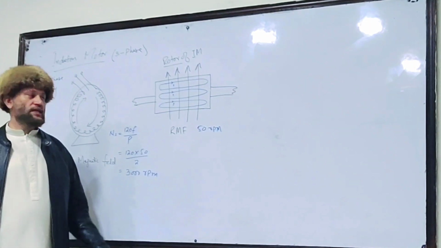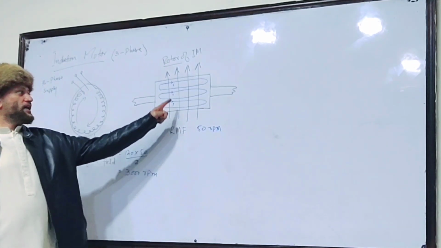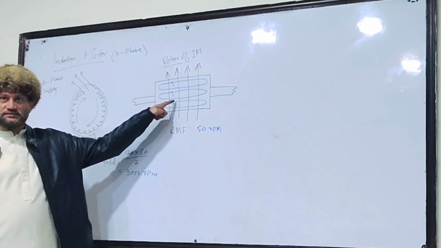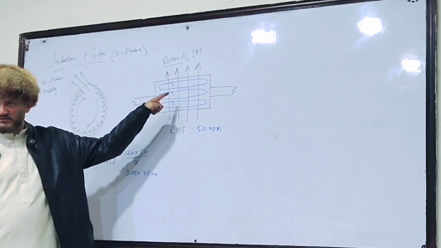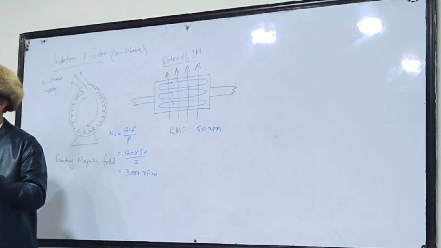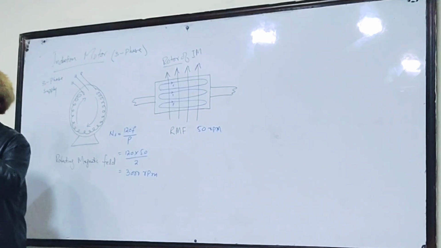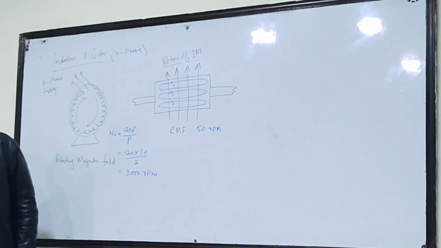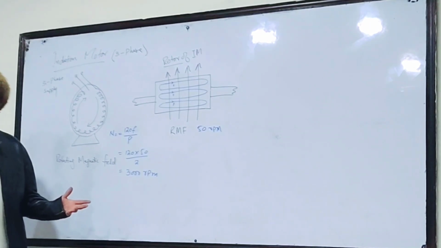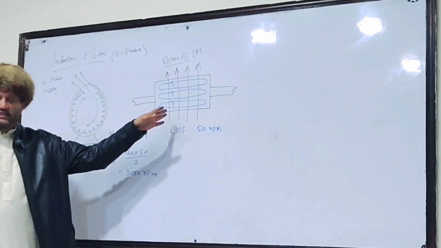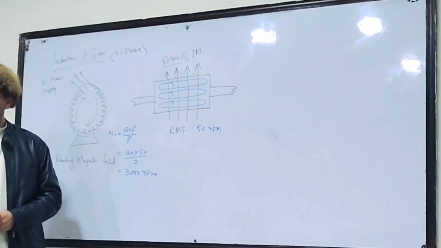Now the rotating magnetic flux is cutting these bars with a speed of 2950 revolutions per minute, which is less than 3000. But still, there is an EMF induced in these conductors, current is flowing, and the speed is increasing.